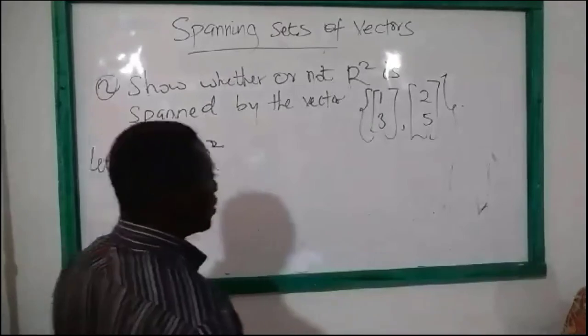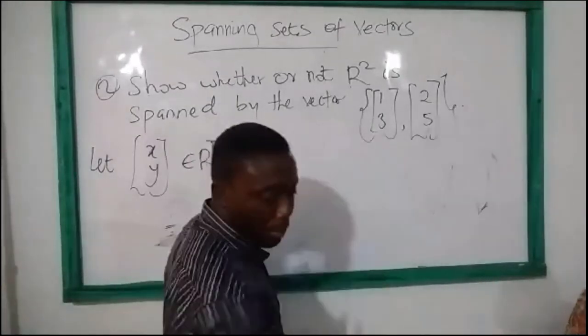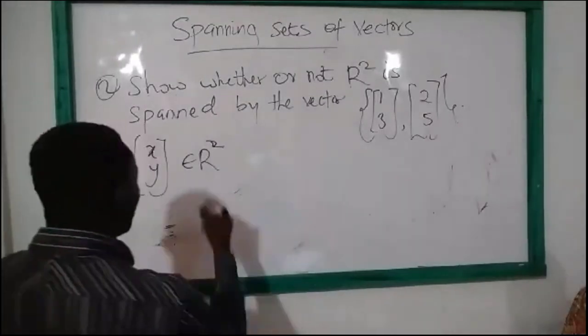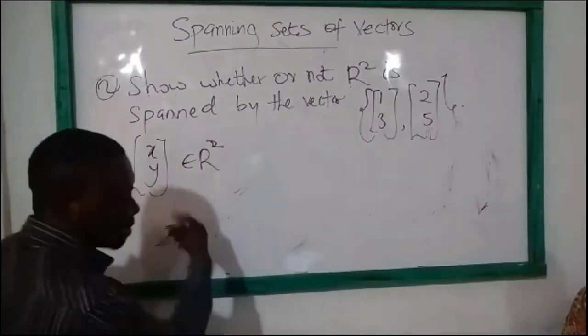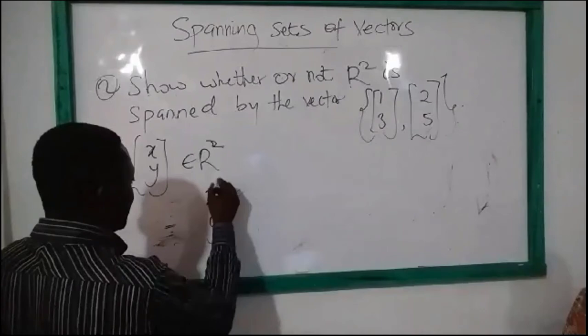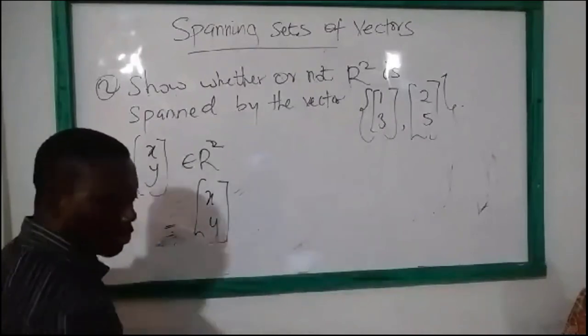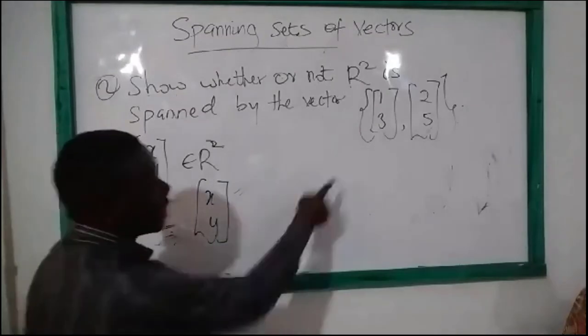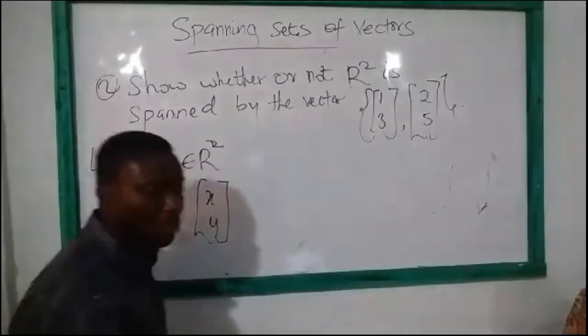Okay, so we now express this as a linear combination. We write this as it is given, using (x, y) to represent the vector that this set of vectors must span.